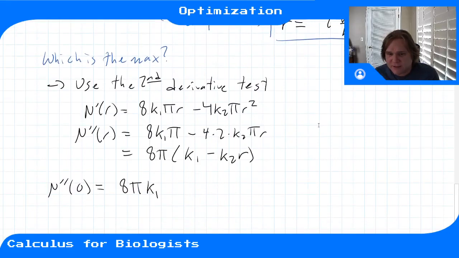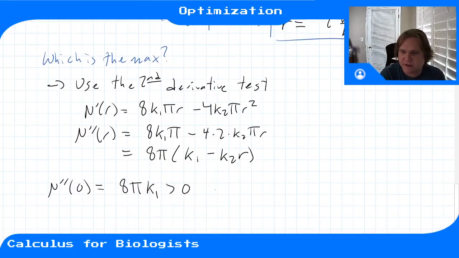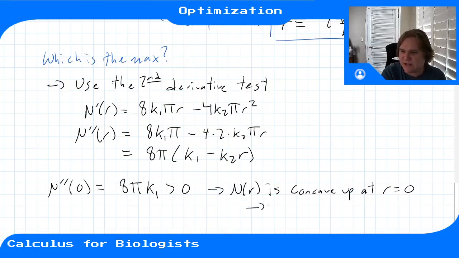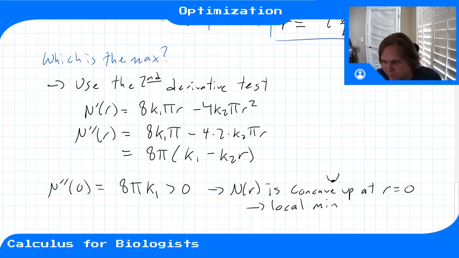And so that means that the second derivative at 0 is positive, which means n of r is concave up at r equals 0, which means it has a local minimum there. Concave up looks like this. This is a place where the first derivative is 0, so that's where we have our tangent slope being 0. So that means that it is a local minimum.